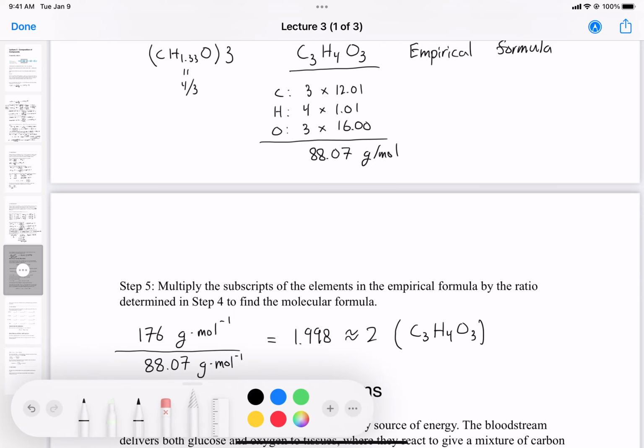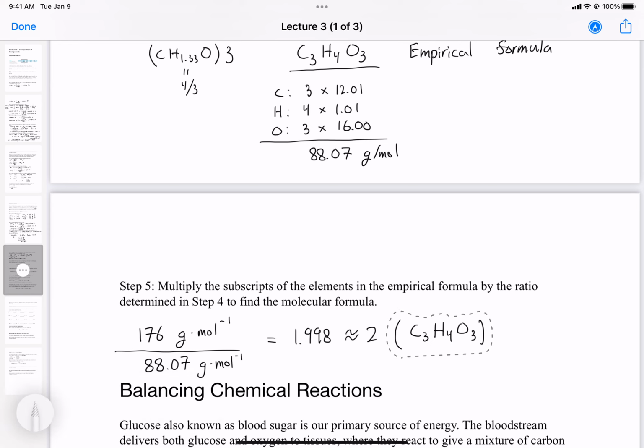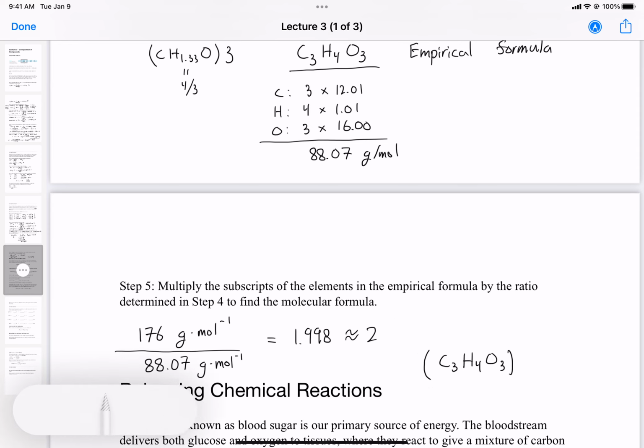Maybe I should put this on a separate line so it's not confusing. So we're going to multiply this formula by 2 here, and we get C6H8O6.